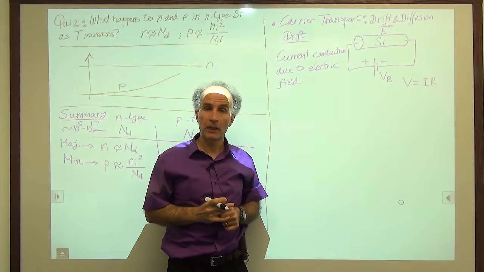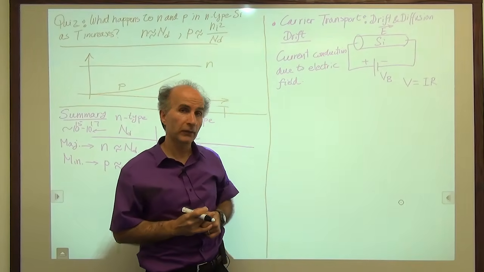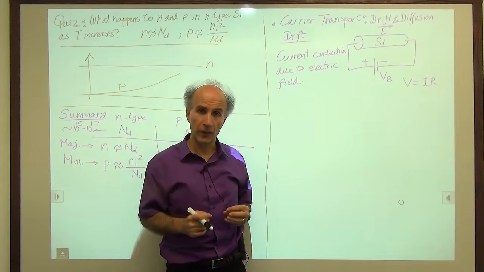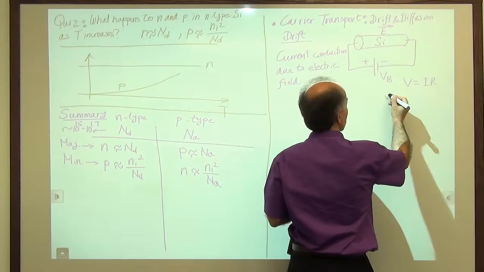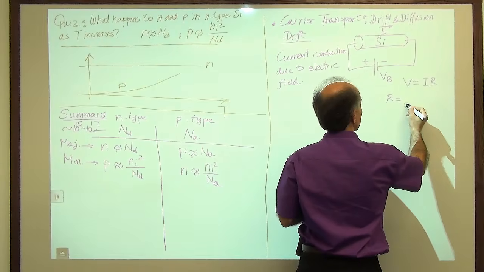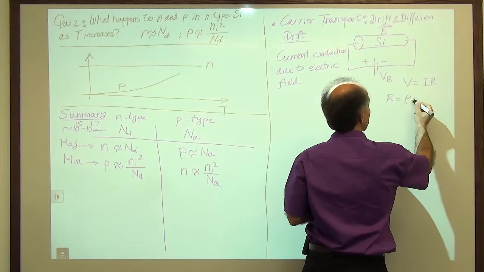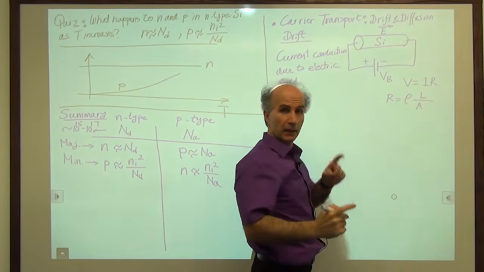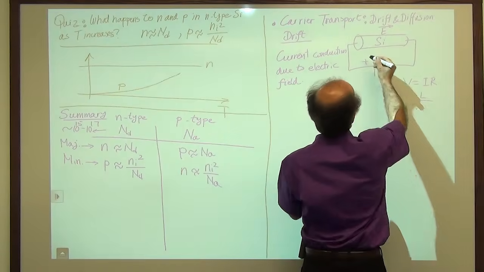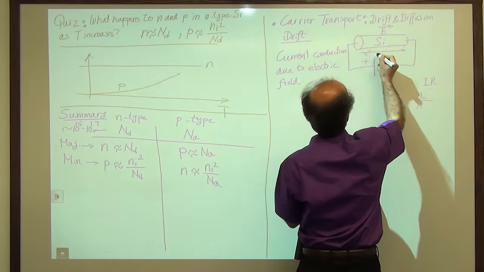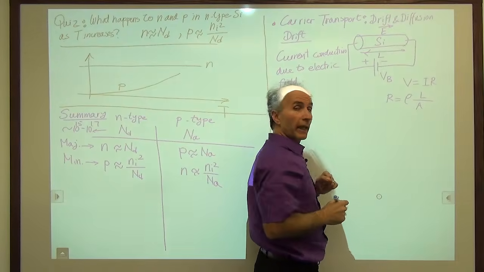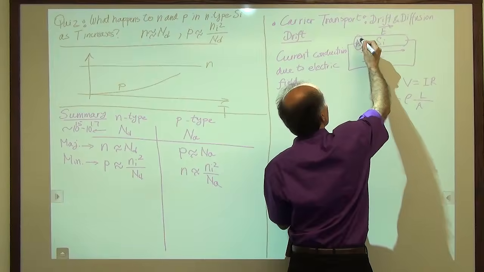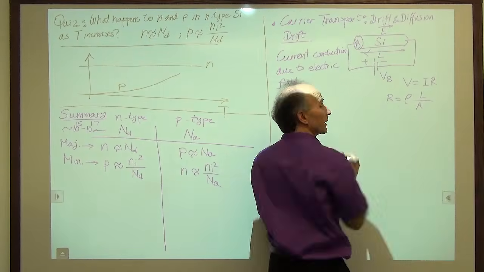If you remember, in basic physics, we found out that the resistance of a given object is calculated as follows. R is equal to rho times L over A. L is the length of the object, so this is L. A is the cross-section area of the object, so A is here, this area.